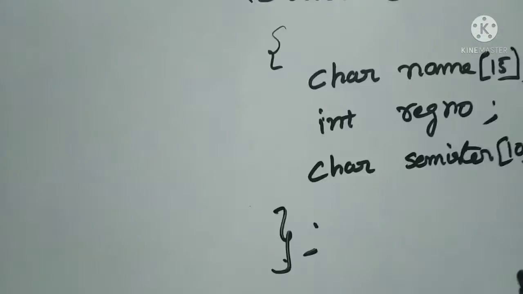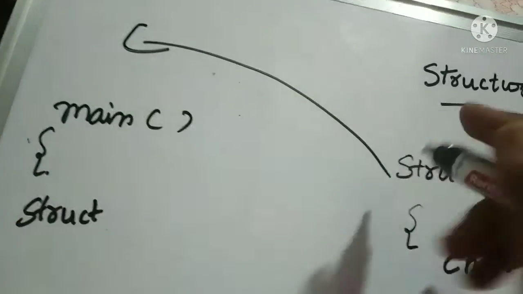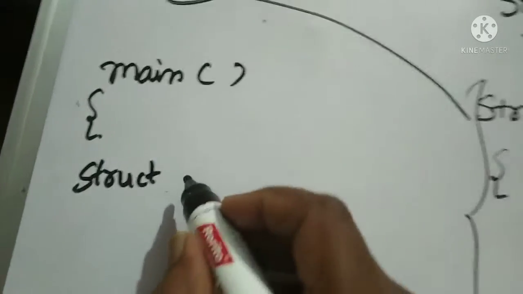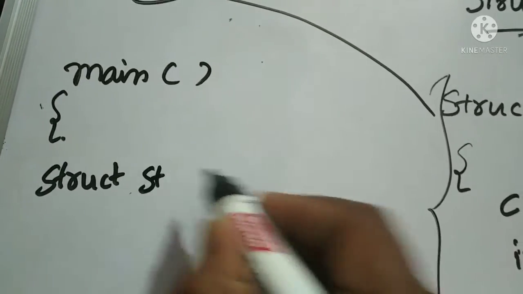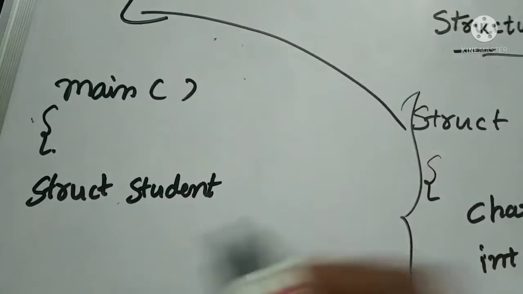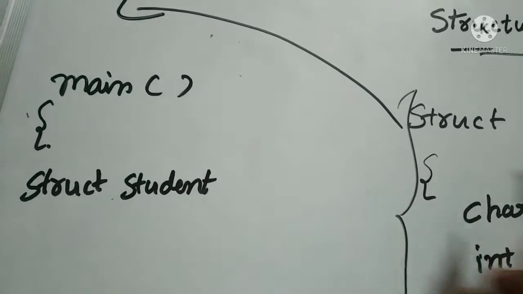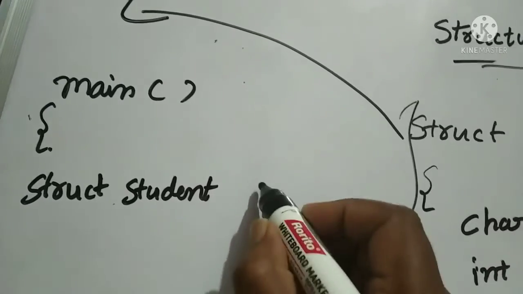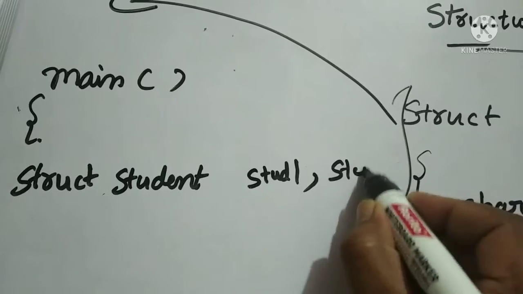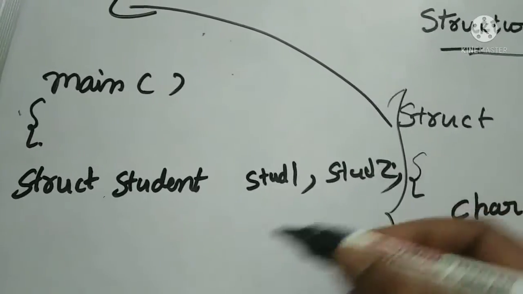Afterwards I write struct once again, then the name I have used, student, which is the name of the structure. Then I can define the students I want: student1, student2, and so on.